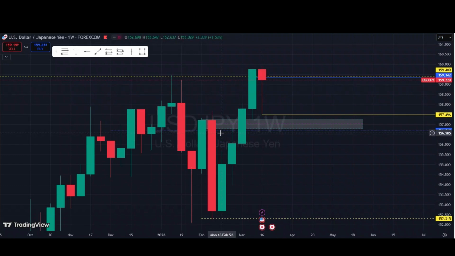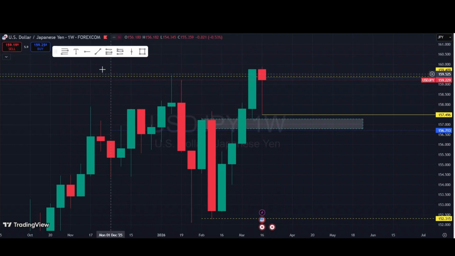The question is, where is our draw on liquidity and where is price using this range? We can see within this range, price is apparently in the premium zone of the range, and external liquidity has been taken on this range.